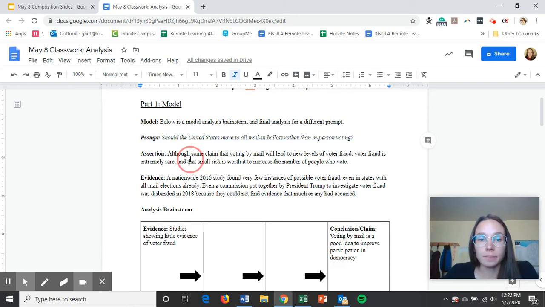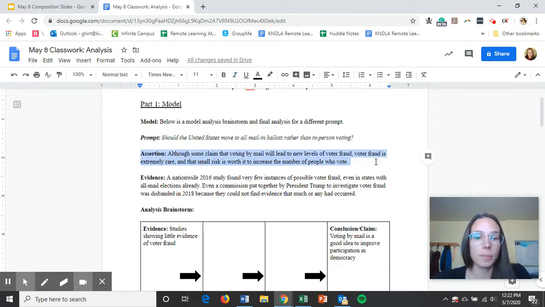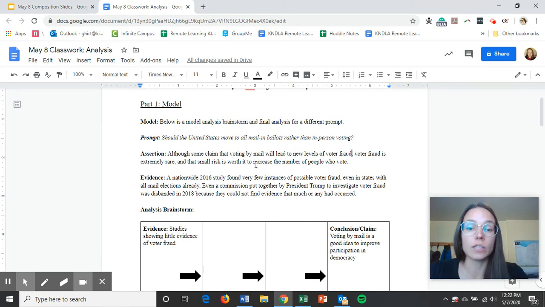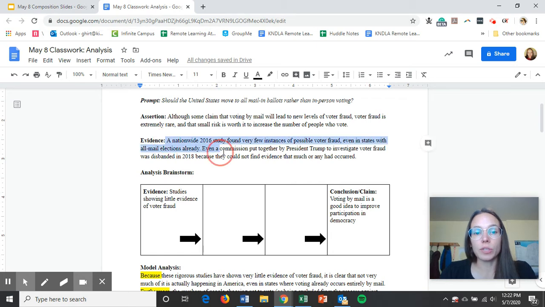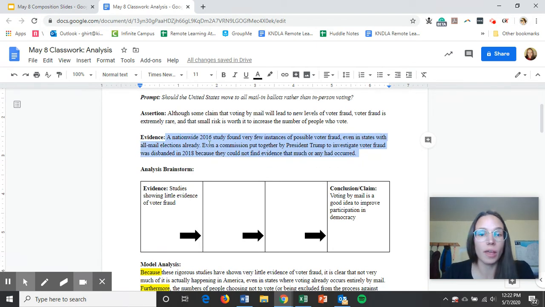So my assertion that I wrote in response to this prompt is, although some claim that voting by mail will lead to new levels of voter fraud, voter fraud is extremely rare, and that small risk is worth it to increase the number of people who vote. So I am saying, yes, we should do all mail-in ballots. So my evidence that I'm using to support that assertion is a couple of studies that showed very little evidence of voter fraud.